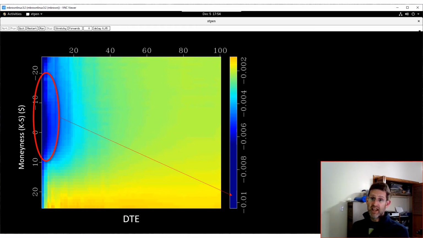Okay, so everywhere the slope values are negative. That means as the stock price increases, IV falls, and it makes sense. The blue regions are the most sensitive options, and these are at the money and in the money calls that are very close to expiration. The slope in the blue region is about minus 0.01.